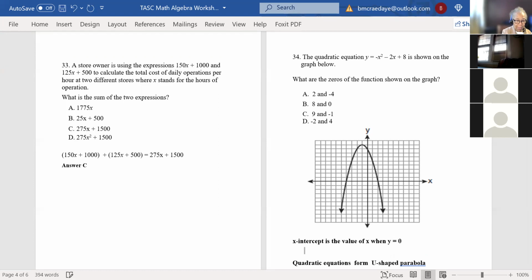And that means the y-intercept is what, Maureen? What's the y-intercept? If the x-intercept is the value of x when y is 0, the y-intercept is the value of what? The value of y when x is 0.